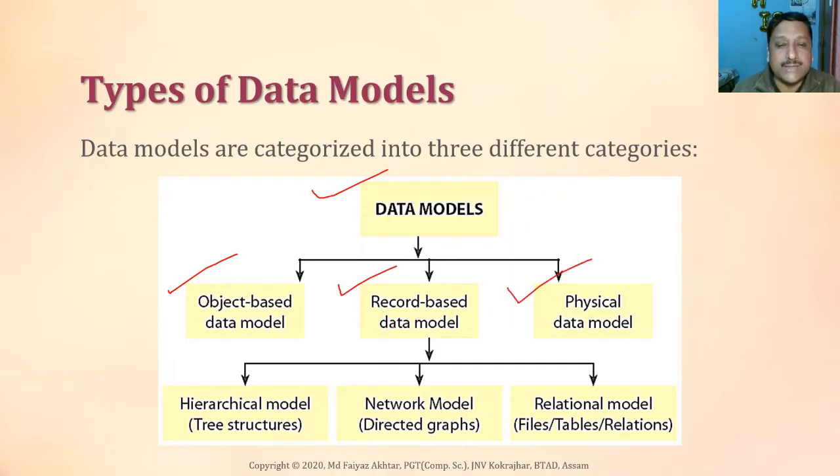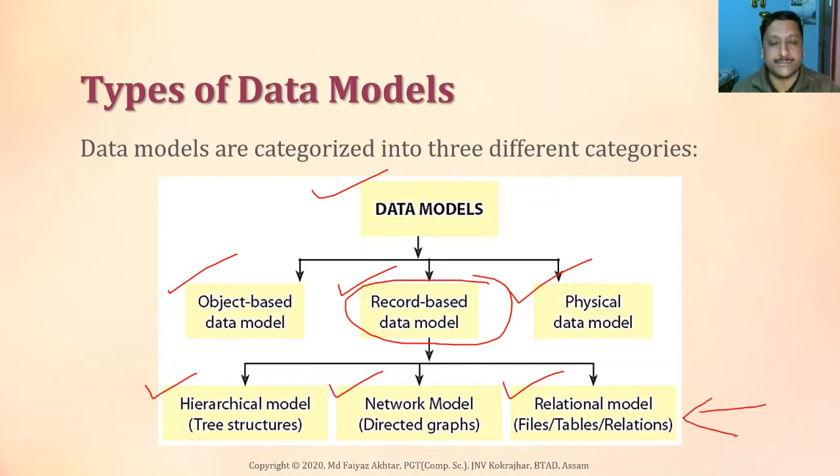Under record-based data model, which we have to learn, there are again three different types. First is known as hierarchical model, next one is network model, and then relational model. Now, one by one we are learning these three different types of models, which are record-based models.